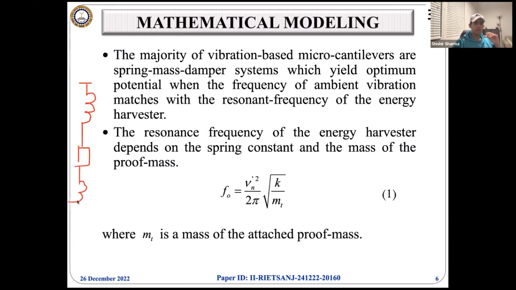And there's one more spring. Because in this research paper, we use a fixed guided energy harvester, and for a spring mass damper system to yield optimum potential will be when the frequency of the ambient variation like wind, temperature, etc. matches with the resonant frequency, which you can see right here in this formula.